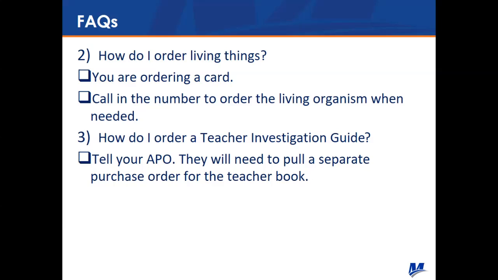And if this book gets lost, you definitely want to have that replaced. There is not a space on the Excel inventory doc to order a teacher investigation guide. This will have to be ordered separately. So instead, what you'll do is tell your APO, and they will need to pull a separate purchase order to order the teacher book.